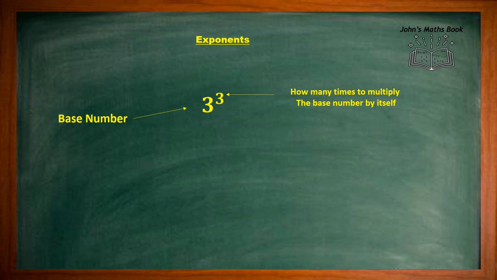So the exponent part dictates how many times to multiply the base number by itself. So let's take a look at what 3 to the power of 3 actually is. So 3 to the power of 3 is 3 times 3 times 3, which in this case is 27.